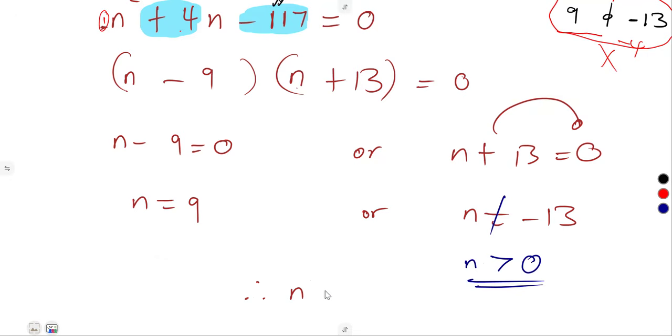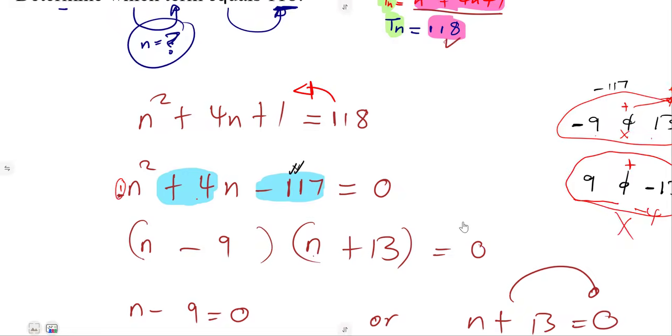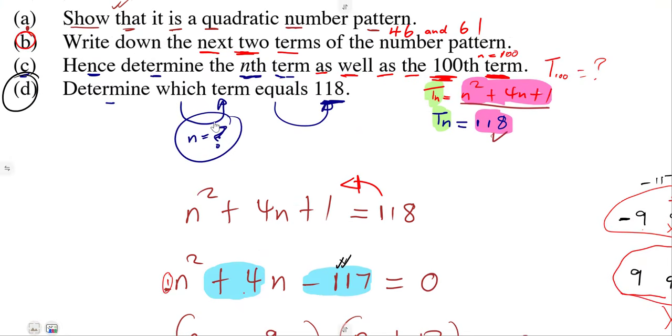Therefore, n is equal to 9. That is the condition. Which term? Determine which term. What is the value of n when our Tn is 118? So these are the questions.